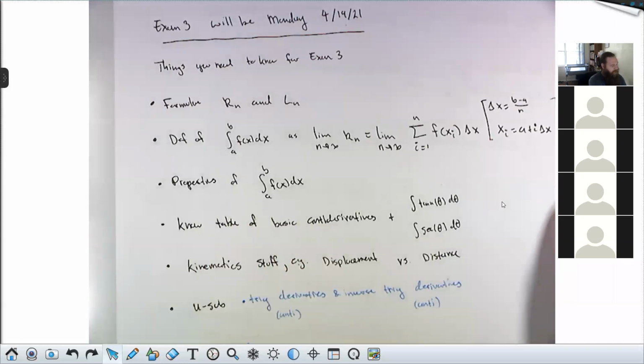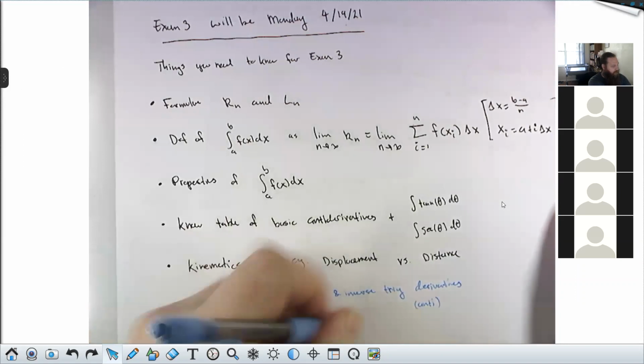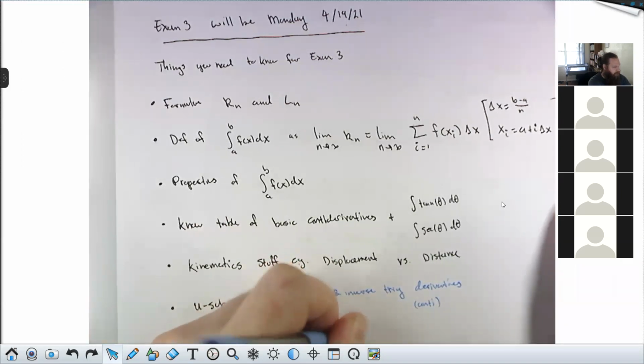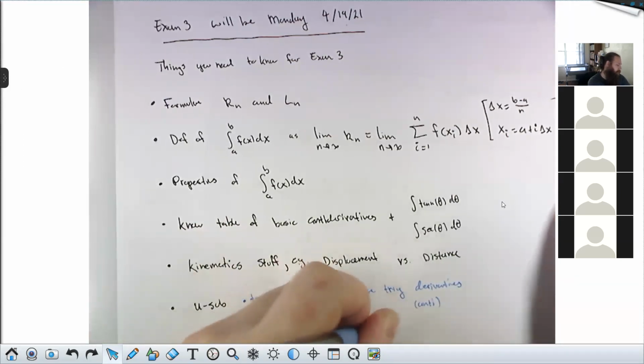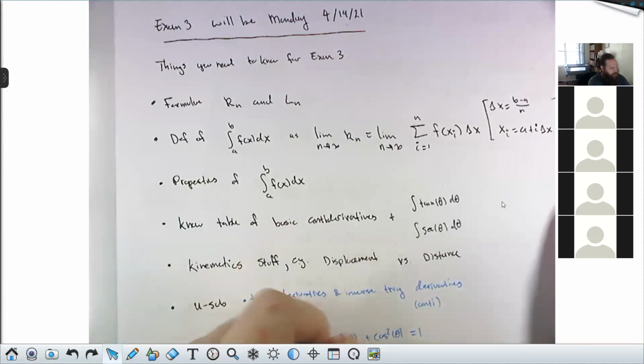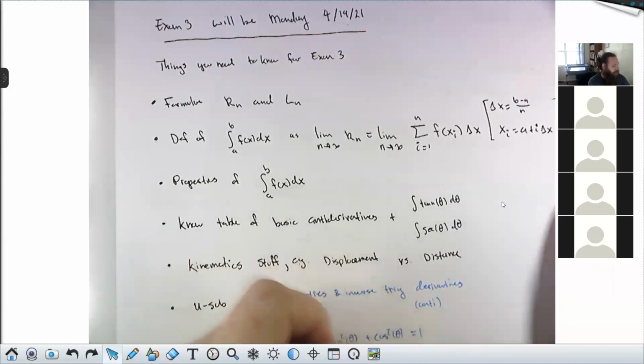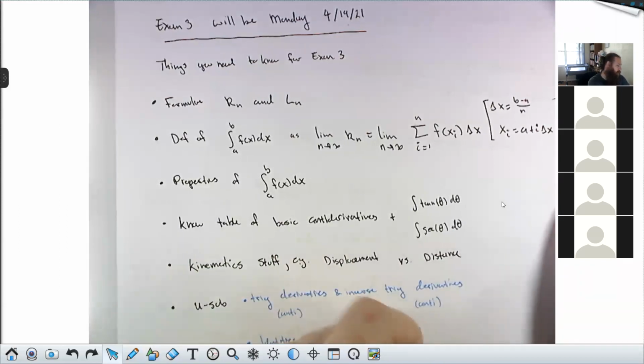When it comes to trig identities, definitely, as always, you need to know the Pythagorean identity, and its two other reformulations: tan squared theta plus 1 equals secant squared theta, and 1 plus cotangent squared theta equals cosecant squared theta.